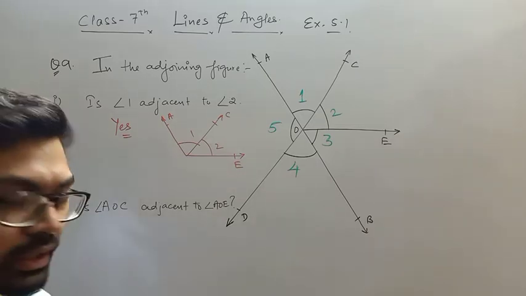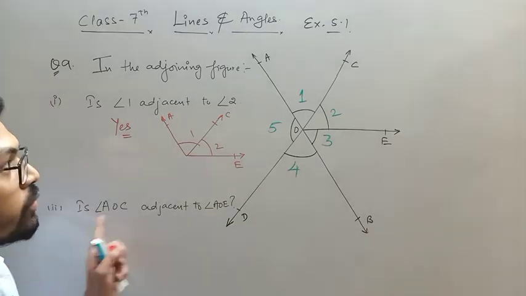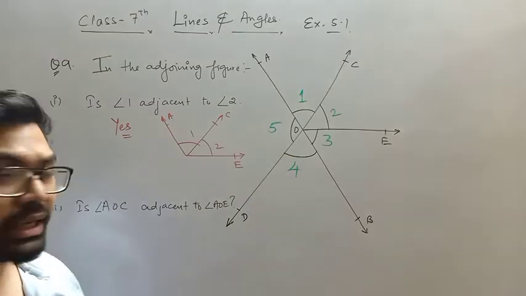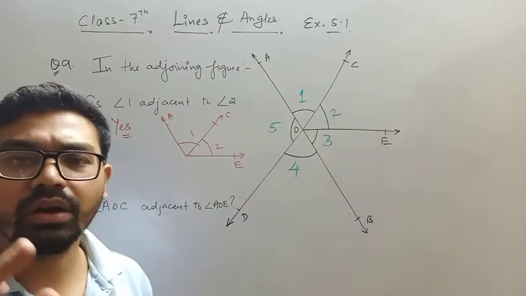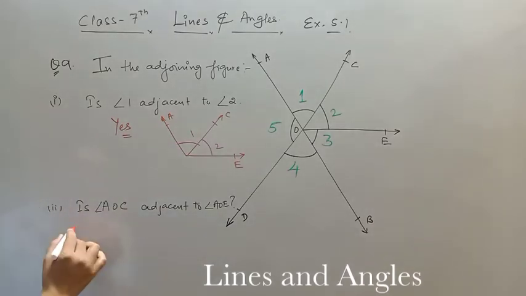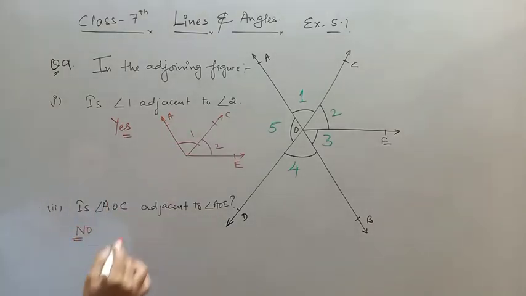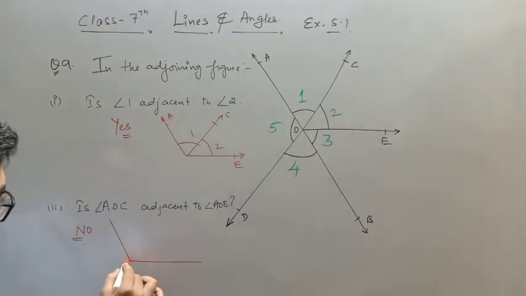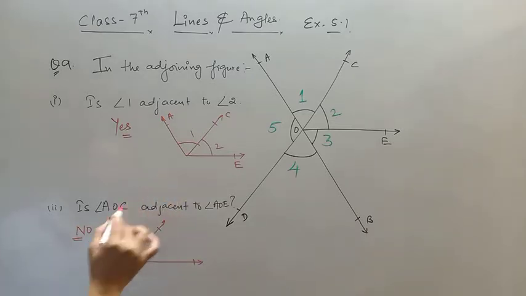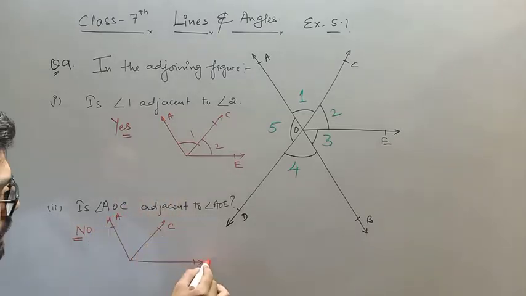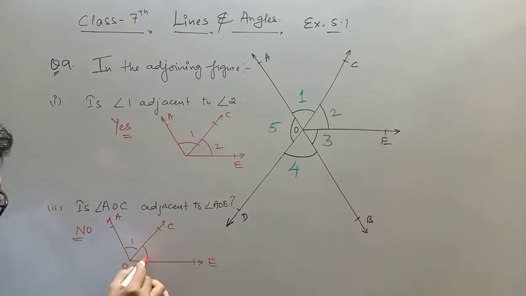Now the next question is, is angle AOC adjacent to AOE? No, these are not adjacent angles. The reason is, this is A, this is C, this is E, this point is O. This is angle 1, this is angle 2. The question is saying AOC, is AOC adjacent to AOE?